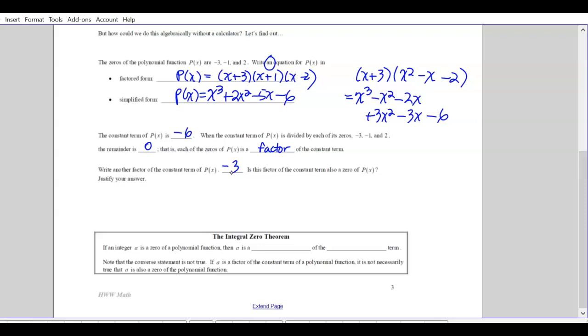Oh, I see, sorry, I reread this and read it incorrectly. So another factor, let's say, positive 3. Okay, that's what I was just saying.